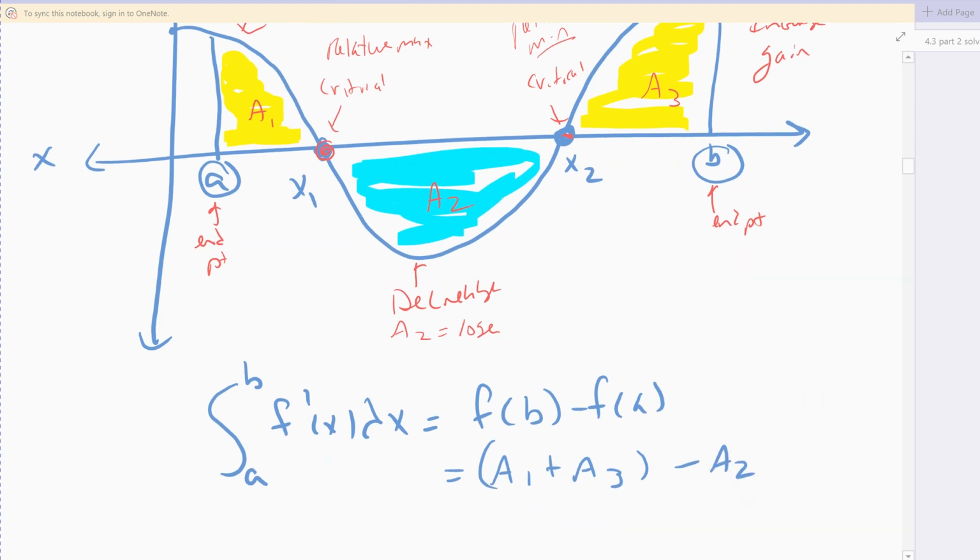And based on this picture, it actually looks like I probably have more positive area. But it could come out positive, it could come out negative, and it could come out 0. Positive means I have more gains than losses. More negative area means I have more losses than gains. Right? If it comes out 0, it means the gains and losses are the same. The increase and decrease is the same. And so whatever that is, it comes out to that number. All right? That's the net change in whatever my function is.